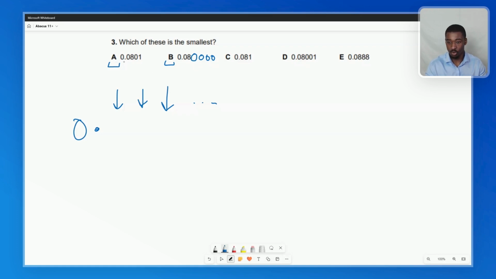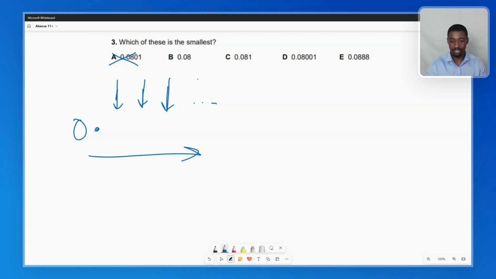But A has 0.08, but then it has 0.1. So that 0.1 at the end means it's just a bit bigger than 0.08. So you see, it's all about comparing the columns as we move further right from the decimal point.